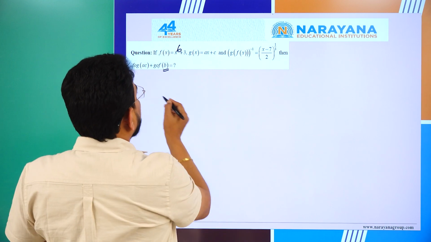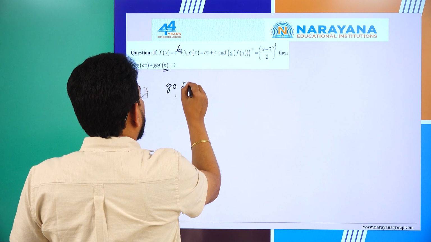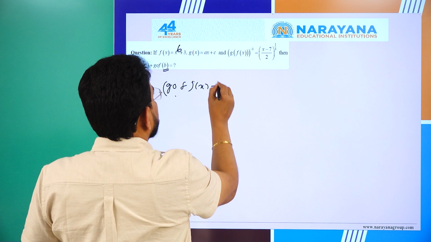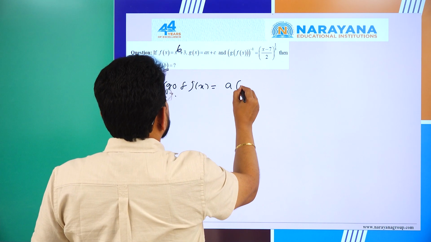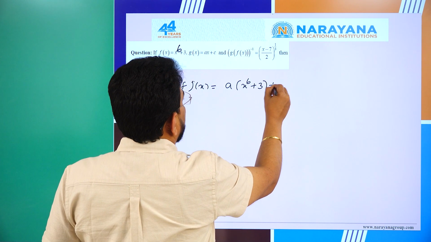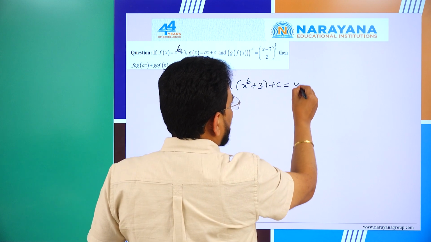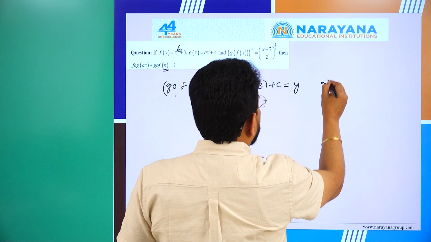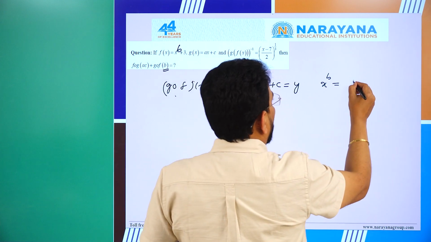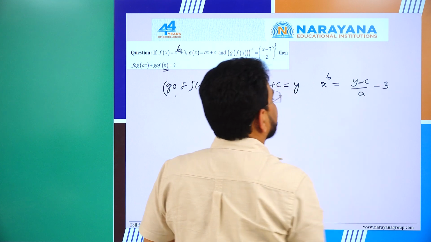So here what happened? g circle f of x is equal to a times of x power b plus 3 plus c. If I say this is equal to y, so clearly x power b is equal to y minus c by a minus 3.